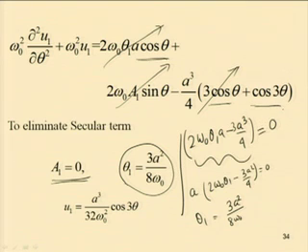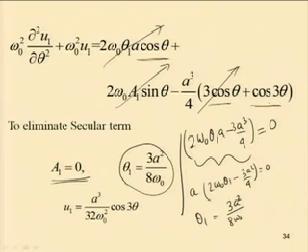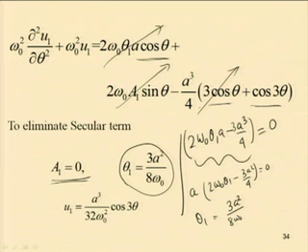Now, in place of D 0 square I have to substitute 3 square, that is 9. So, minus 9 omega 0 square plus omega 0 square becomes minus 8 omega 0 square. So, 8 into minus 4, and this has a minus sign. So, u 1 becomes a cube by 32 omega 0 square cos 3 theta.